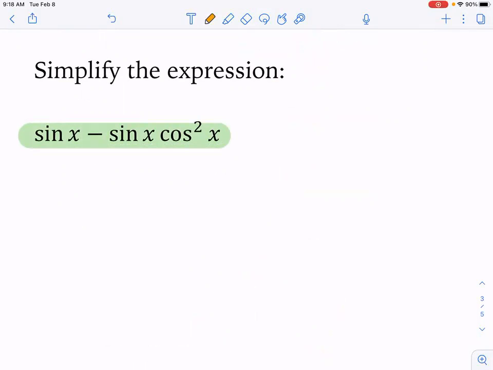We are going to take a trigonometric expression and we want to rewrite it to make it look simpler. Give me one thing that you notice up there.